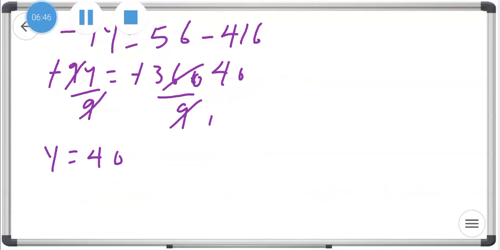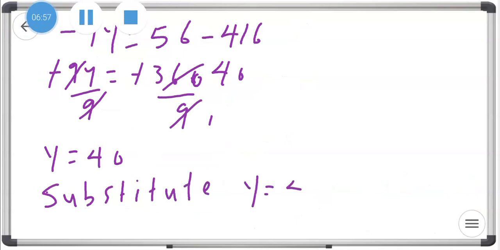Let's substitute y equals 40 into equation 1.